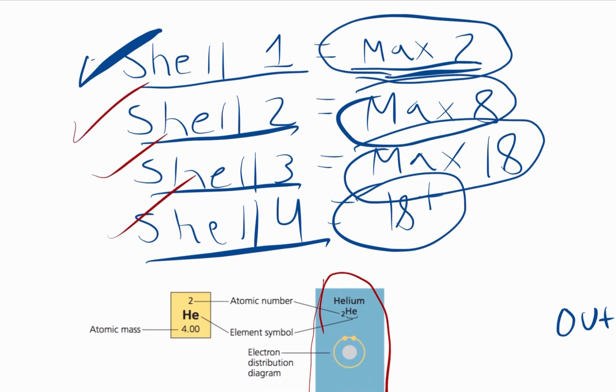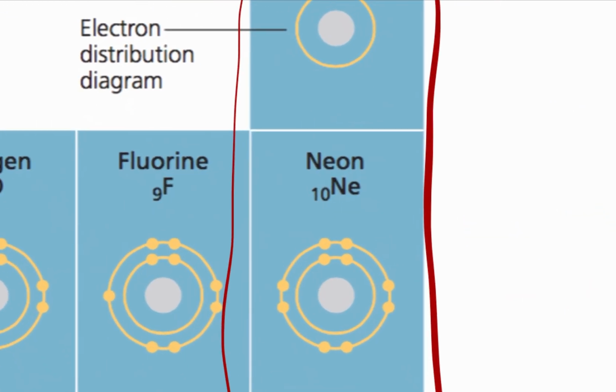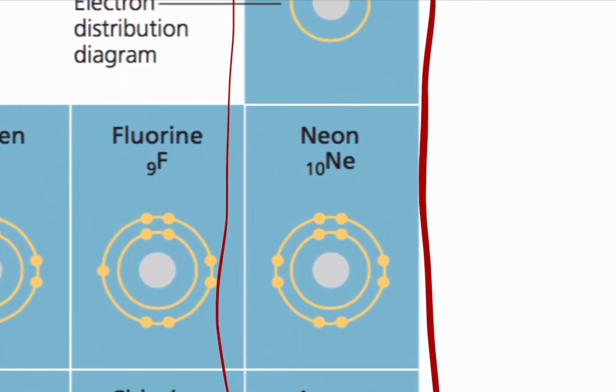Now, neon has 10 electrons. In the first shell, the max is 2, and it's filled. The second shell, the max is 8, which we have 2, 4, 6, and 8. It filled up its shell.